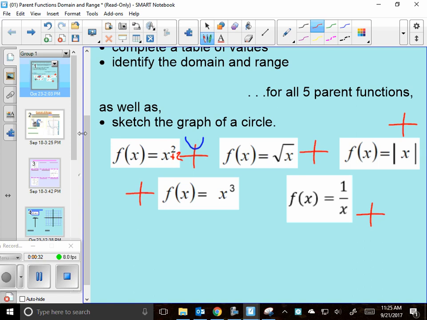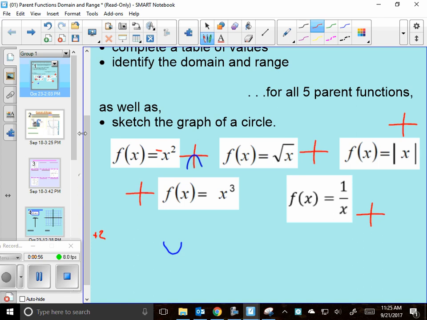Okay. How do I get this parabola to flip over though, so that it's upside down? So it would look like this. And you know what to do? Yes, a negative on the function would make it flip over. Negative x squared. Now, some of you don't understand the order of operations.